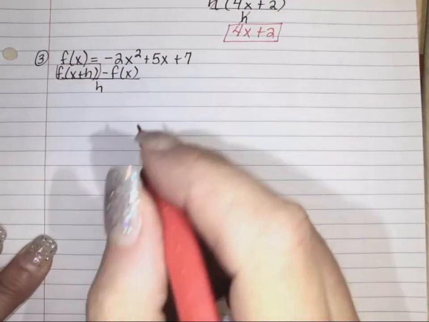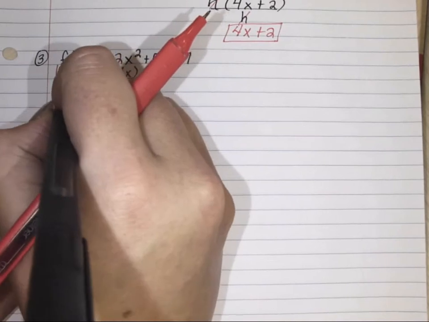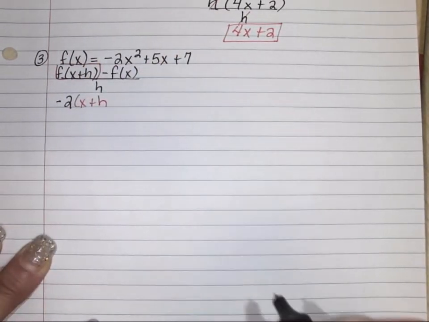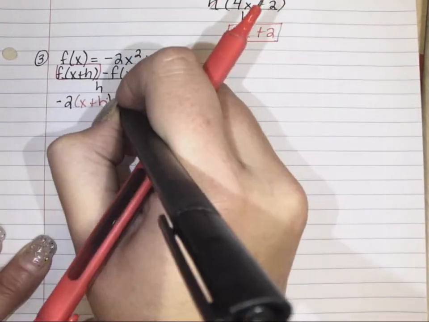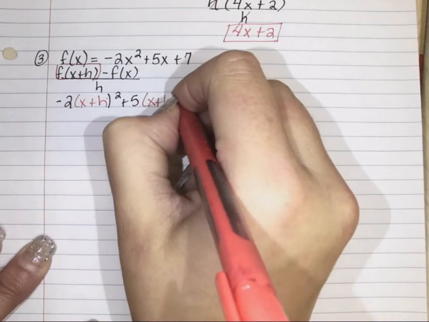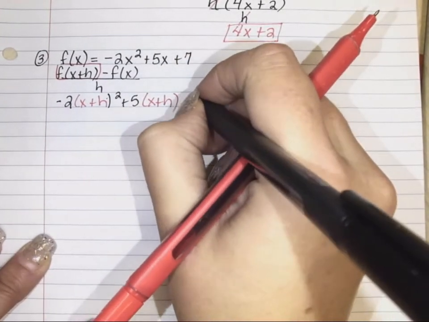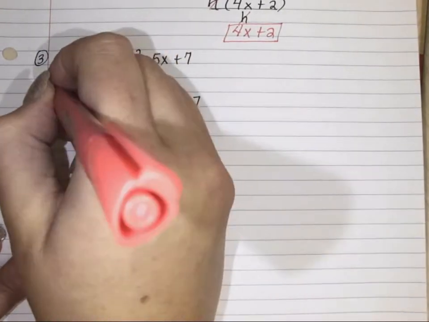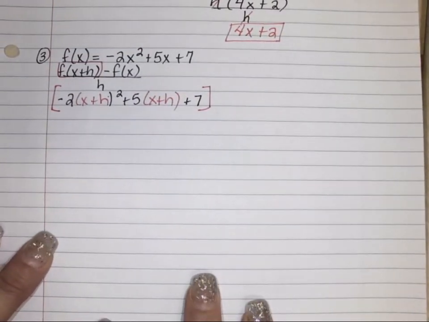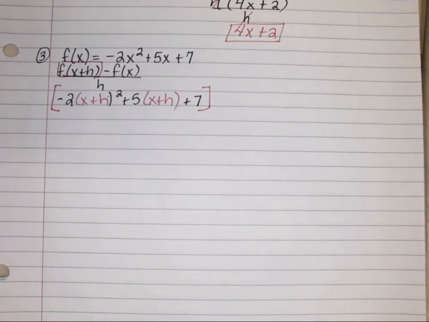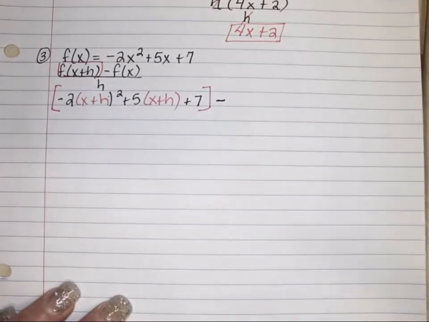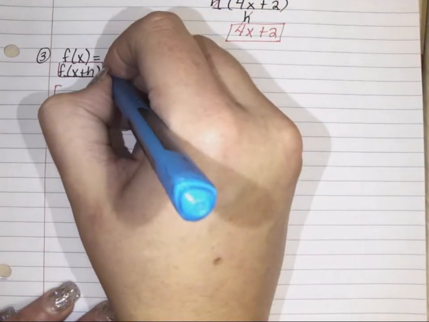So we have negative 2 times x plus h squared plus 5 times x plus h plus 7. That is just your first part. And the only reason I'm using brackets there is just to indicate that. That's just your first part. Then you bring down the minus sign that's in the middle, and then we're going to do this last part.